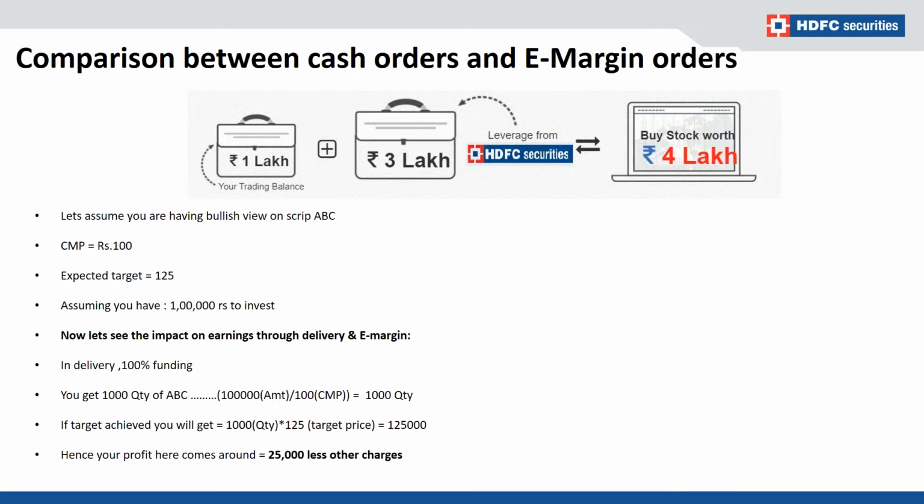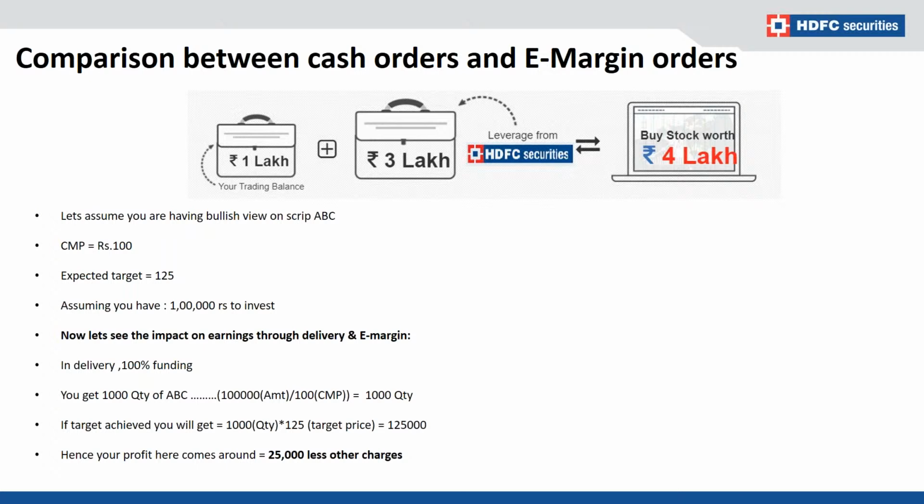Let us assume a customer has 1 lakh rupees and wants to invest 1 lakh rupees in e-margin. When a customer invests 1 lakh rupees in e-margin, he gets 3 times the limit. However, we'll first talk about buying shares in cash. If the customer is looking to buy shares of 100 rupees each, and the expected target is 125, assuming the customer invests 1 lakh rupees, 100% delivery, 1 lakh divided by 100 comes to 1000 shares.